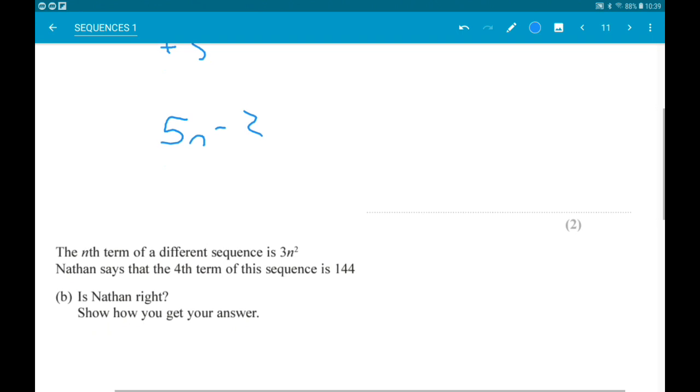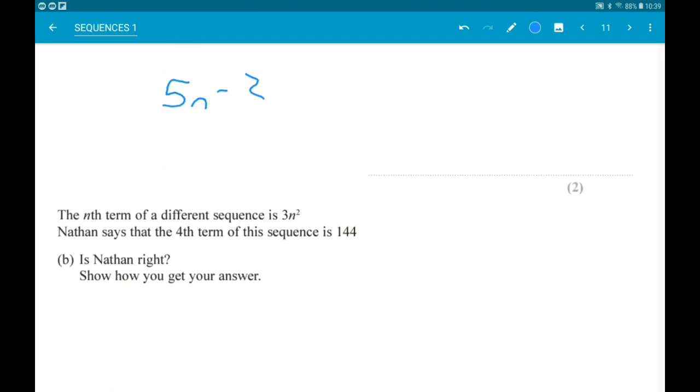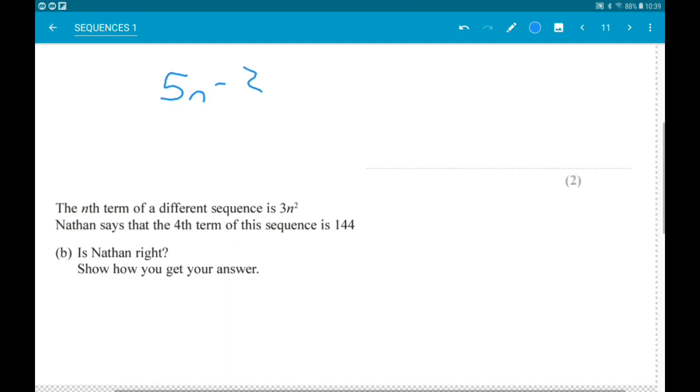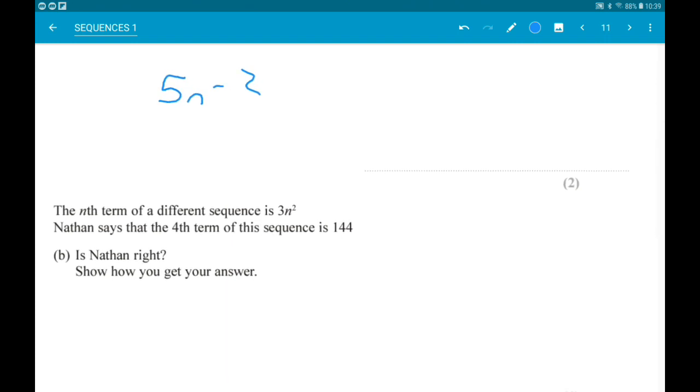Okay, then for part B, the nth term of a different sequence is 3n squared. Nathan says that the fourth term is 144. Is Nathan correct? We must show how we get our answer. So, BIDMAS is important. We need to do 4 squared first.